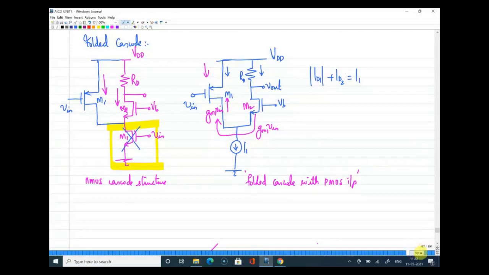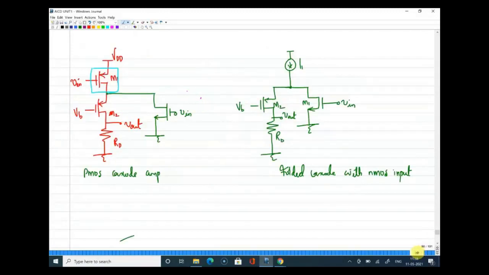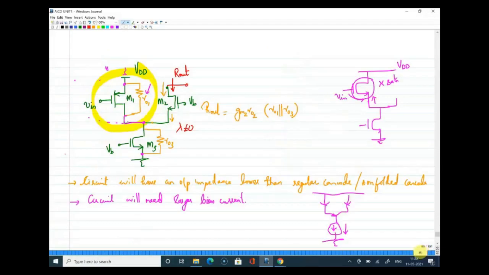We also observed that whenever we go for folded cascoding, the output impedance seems to be lesser than that of a regular, non-folded cascode, and the biasing current requirement is also more in a folded cascode structure. So with that, we have concluded yesterday's discussion.